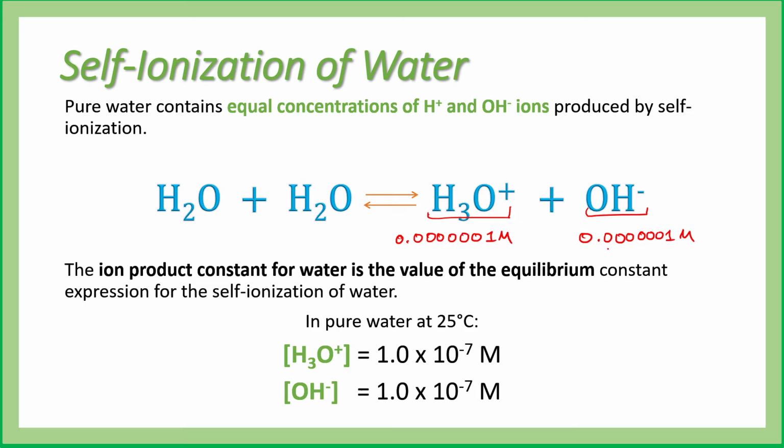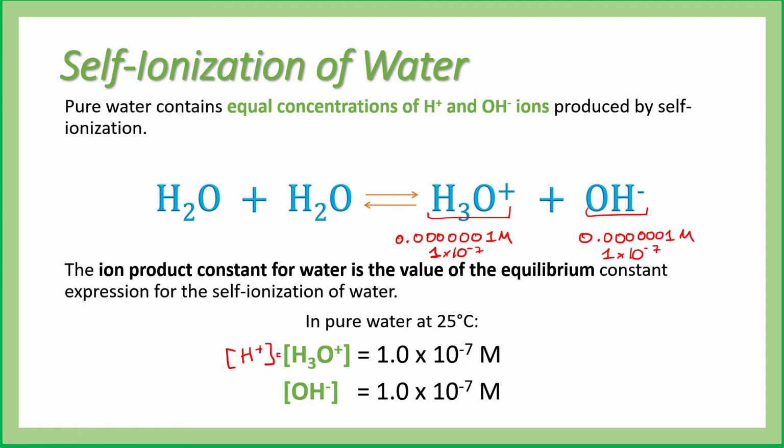And these numbers are equal to 1 times 10 to the minus 7 in both cases. And that's important because that's the water concentration, the hydronium or hydrogen ion concentration and the hydroxide ion concentration. And this number may be familiar because water is neutral and it has a pH of 7. But this is a part that we will cover in the next topic.